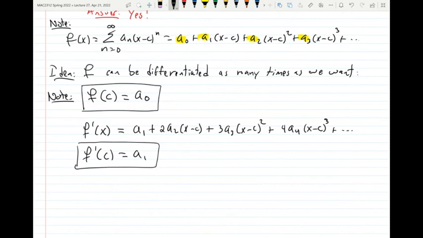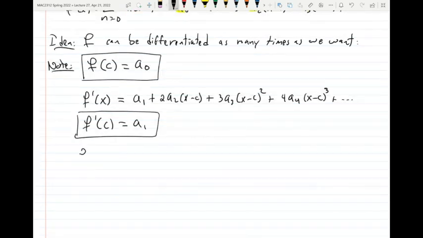So now to find A2, what are we going to do? We take the derivative of f prime, right? That's going to get rid of this A1, and then this term here is going to give me 2A2, and the rest, because you decrease the power by 1, the x minus c survives, so when you plug in c, it's gone, right? So the second derivative of the function is going to be equal to 2A2 plus, now, what do we get in the next term? 6A3.